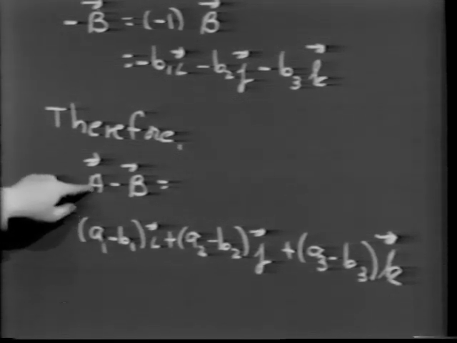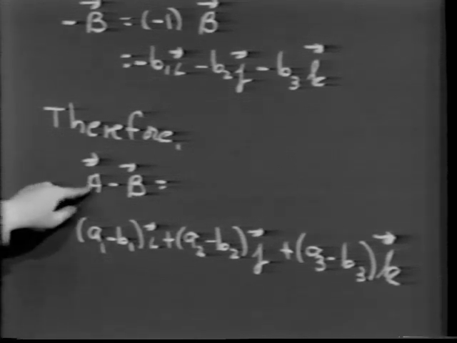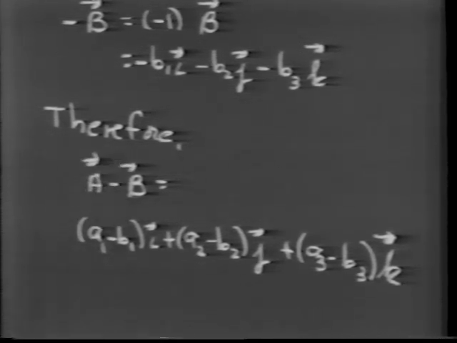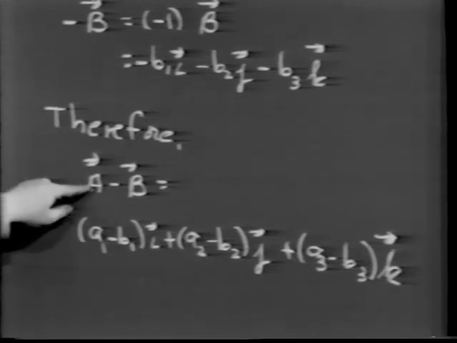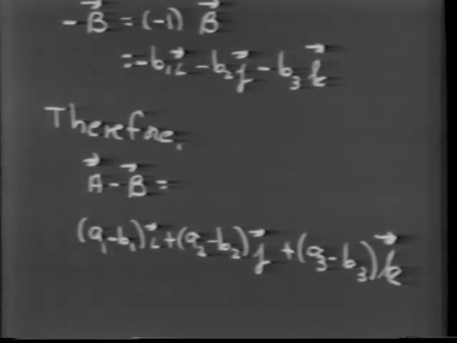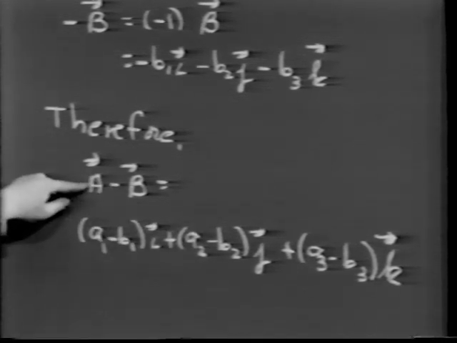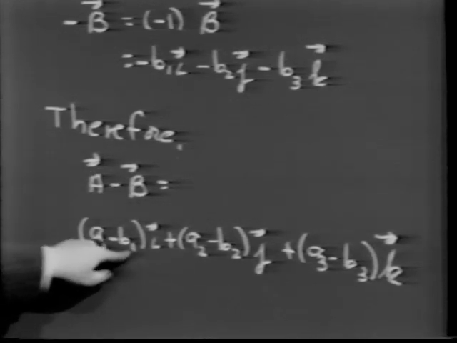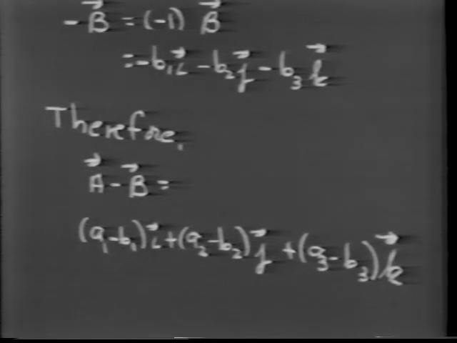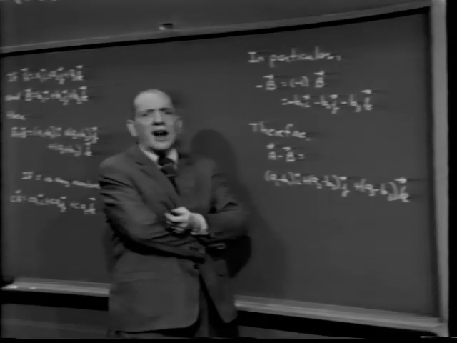From the first vector's component, the corresponding component of the second vector. In other words, in Cartesian coordinates, the vector a minus b, once we know a1, a2, and a3 as the components of a, and b1, b2, and b3 as the components of b, we just subtract component by component to get this particular result. And this is, I think, very important to understand.